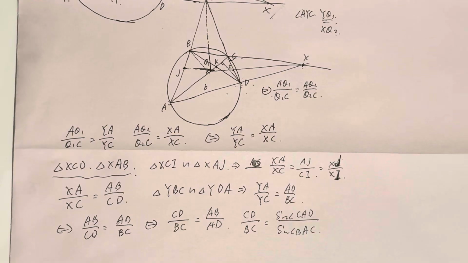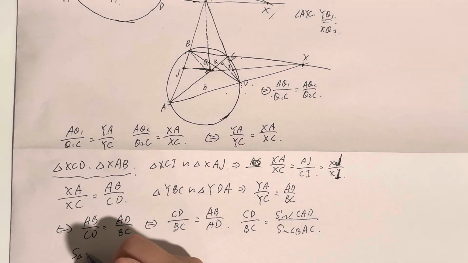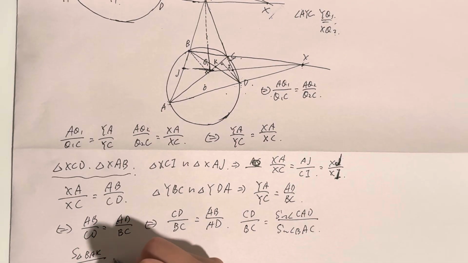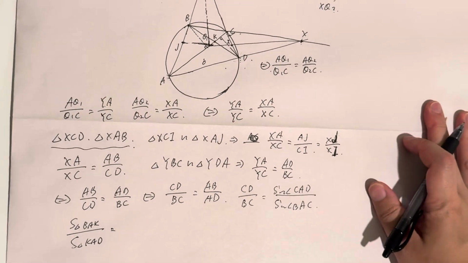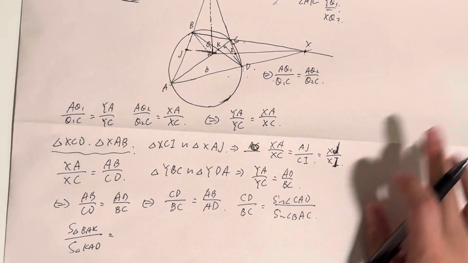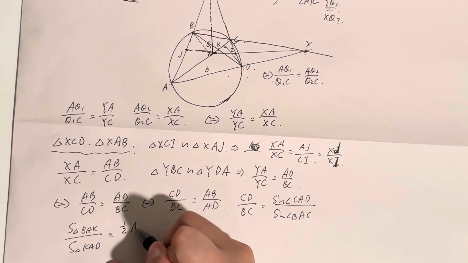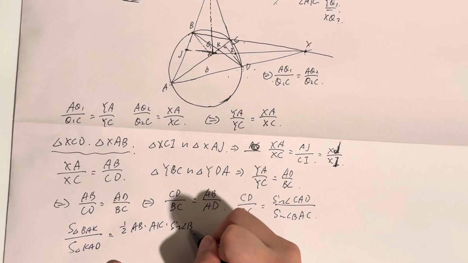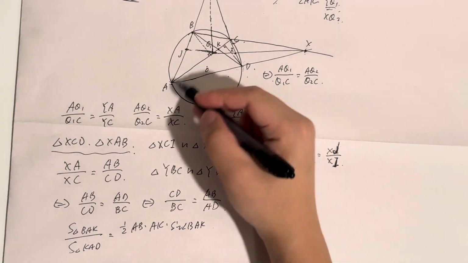Okay, now let's look at the area. So I want to calculate the ratio of the area of BAK to the area of KAD. What is the area of BAK? That is half of AB times AK times sine angle BAK, which is sine angle BAC, right?